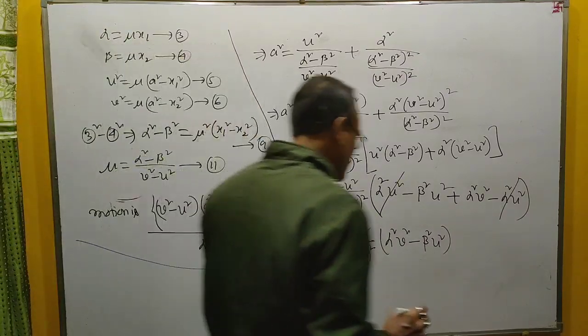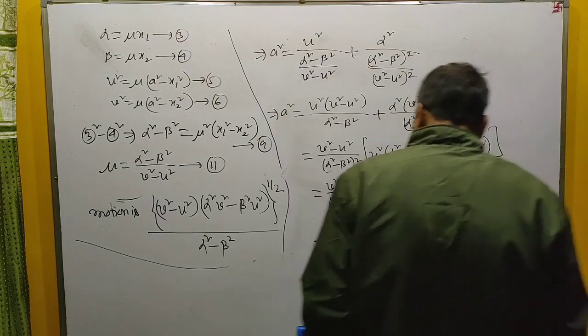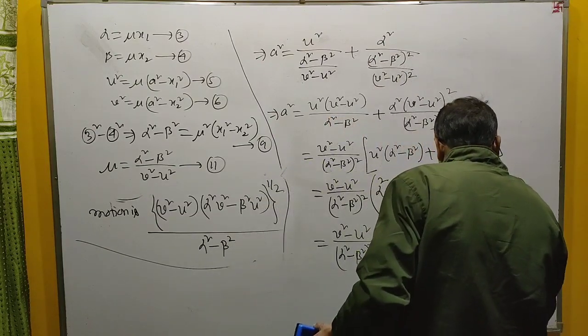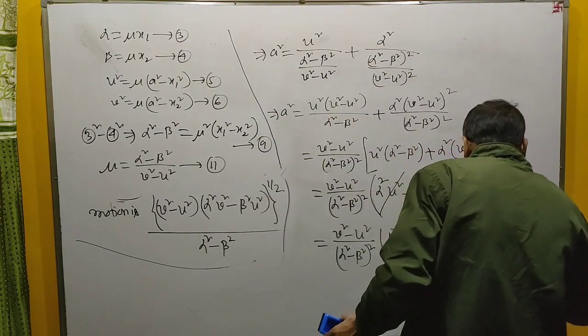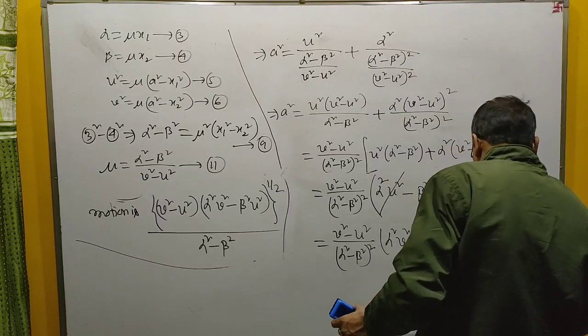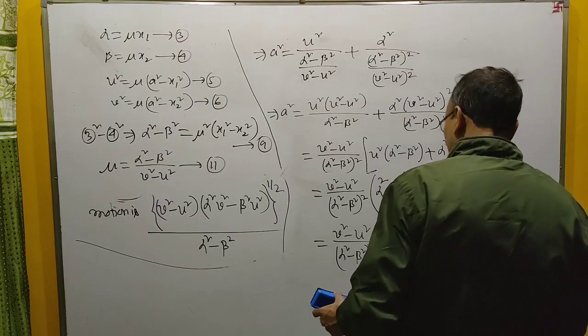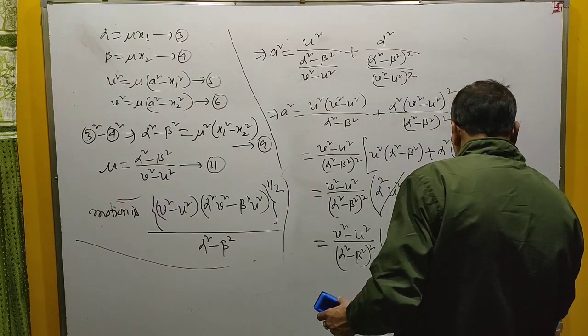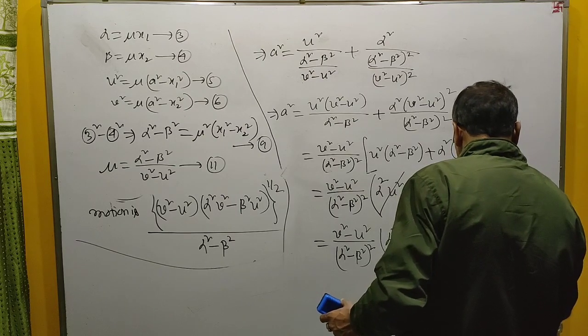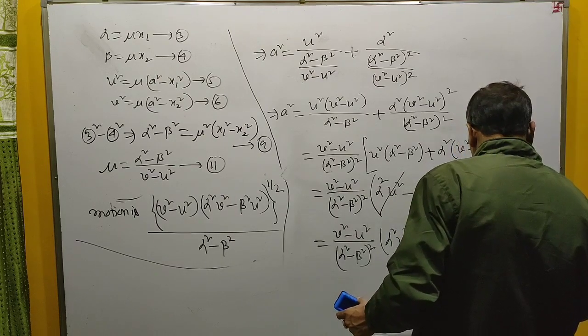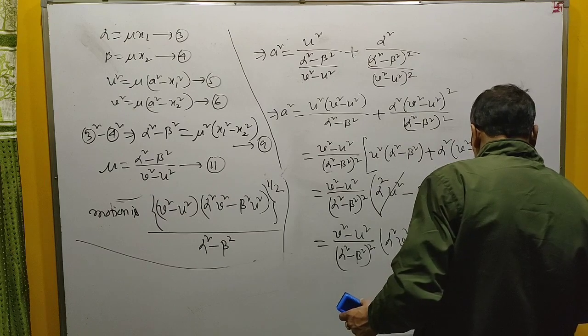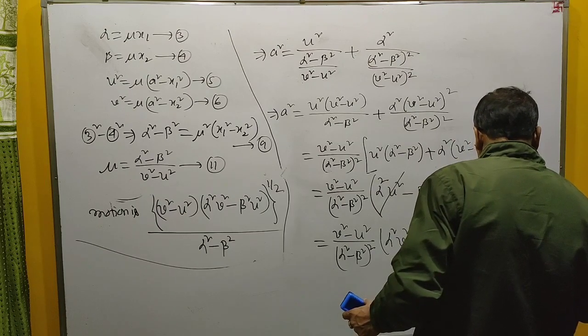This means A equal to alpha square minus beta square in the denominator, and in the numerator v square minus u square into alpha square v square minus beta square u square.